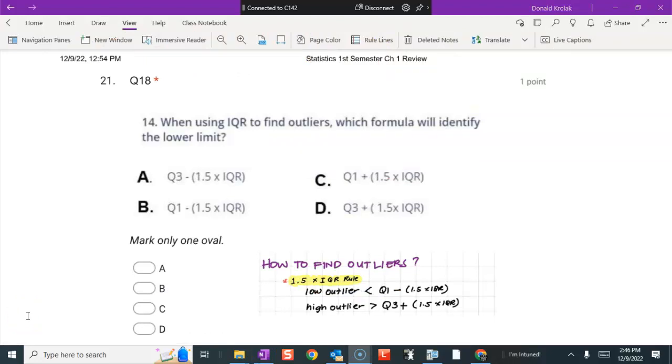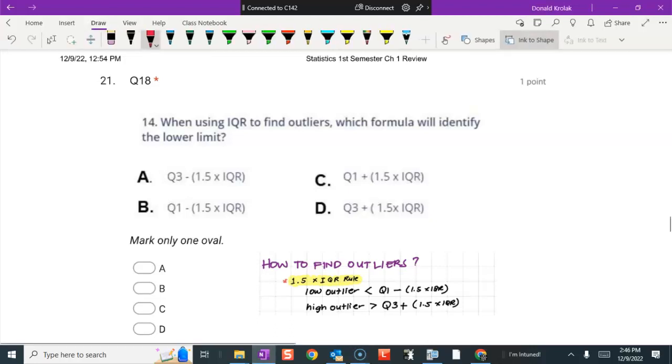So the lower limit, or the lower quartile, is Q1. It's got to be less than Q1 minus 1.5 times the IQR.